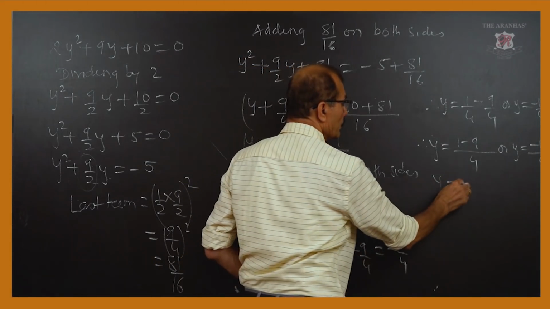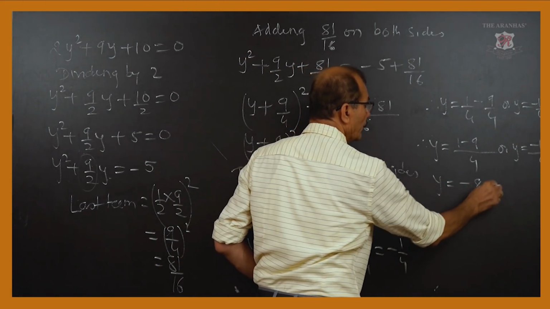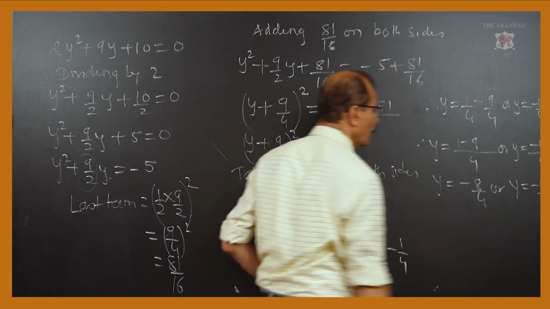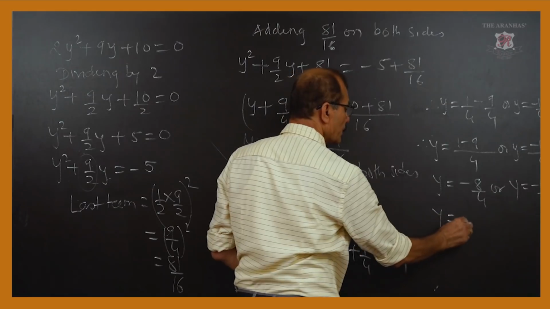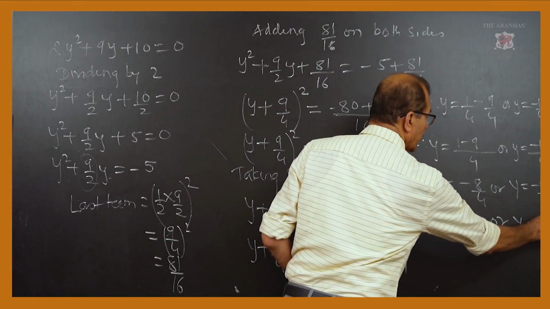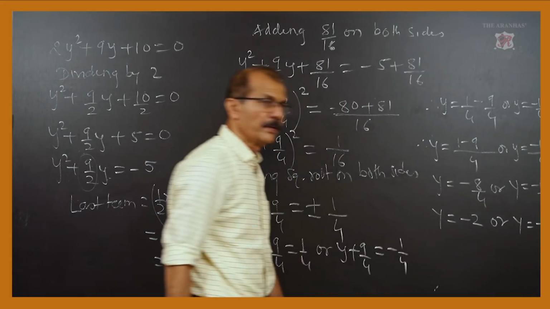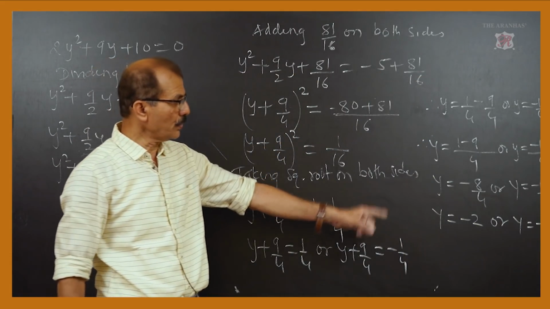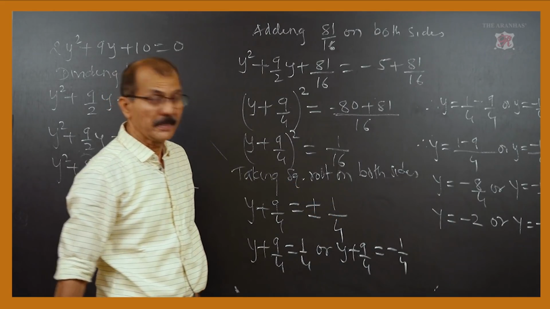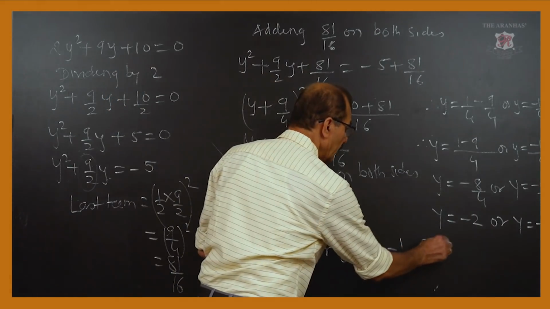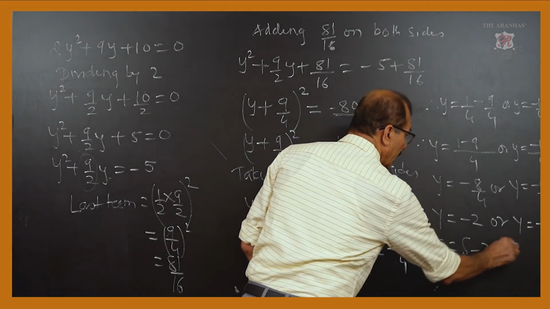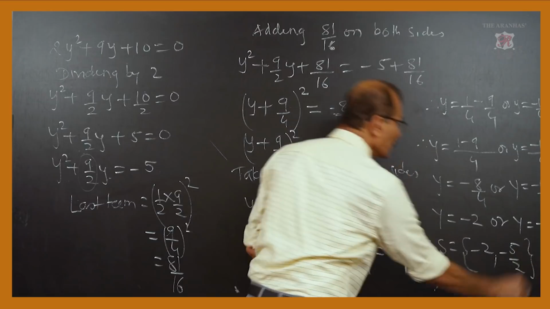Y is equals to minus 8 upon 4, or y is equals to minus 10 upon 4. So, y is equals to minus 2, or y is equals to minus 5 upon 2. So, y is equal to minus 2 or y is equal to minus 5 by 2 are the roots of the given equation. So, solution set, you write down minus 2, minus 5 by 2.